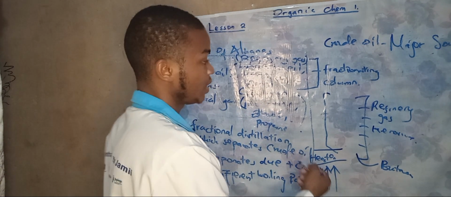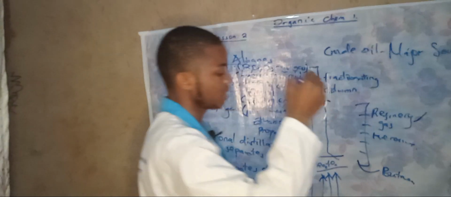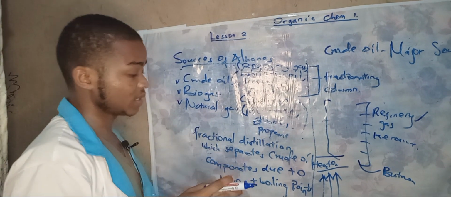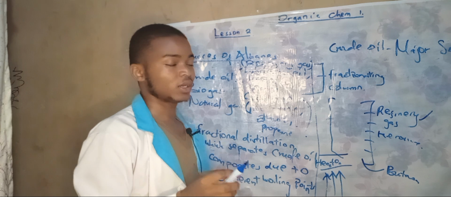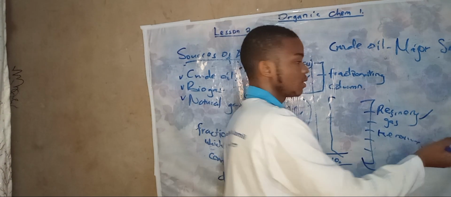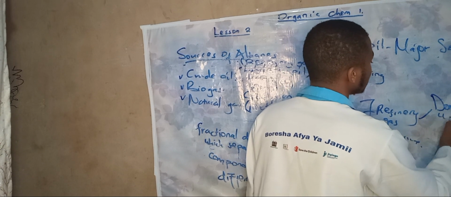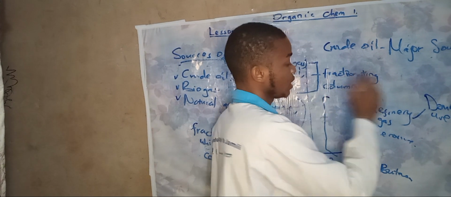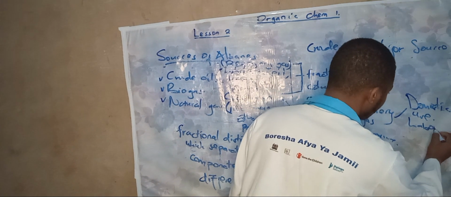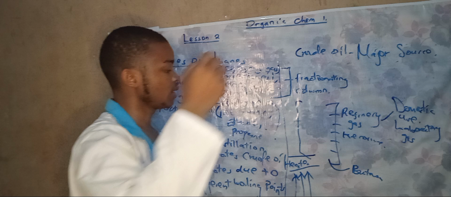Someone asks you, name one use of refinery gas. I started by saying that these refinery gases are the ones we use in the houses for gas cookers. So the possible answer you could give is domestic use. Laboratory gas also is a good answer.